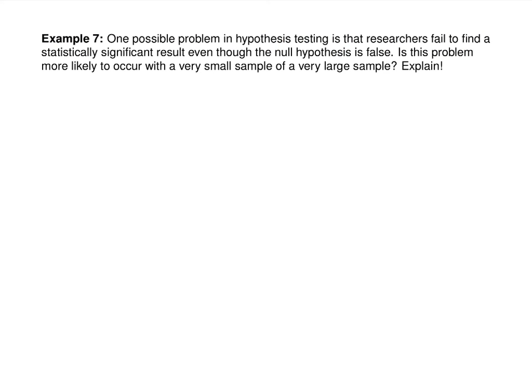One other possible problem in hypothesis testing is that you fail to find a statistically significant result even though the null hypothesis is false. So what will happen here is that you fail to reject H0, even if you should.